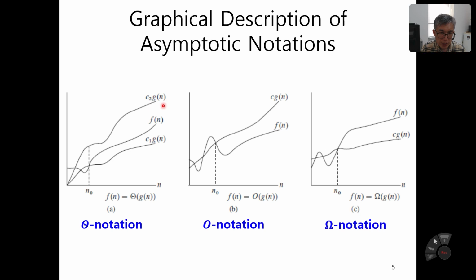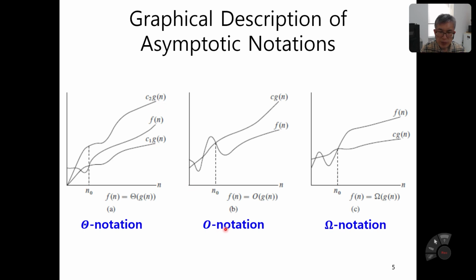So c1 and c2 are coefficients, right? So the two functions are close to each other, and f(n) and g(n) behave asymptotically close to each other. In that case, g(n) is a tight bound for f(n).